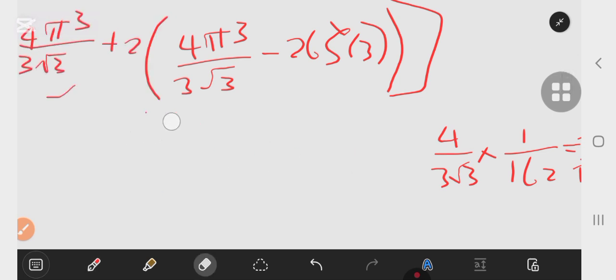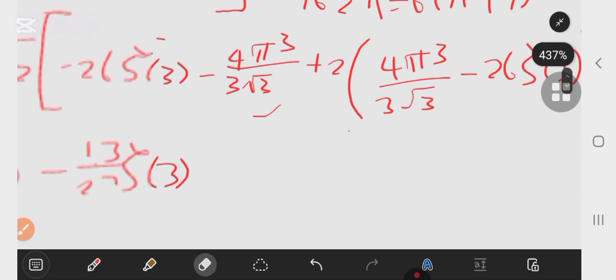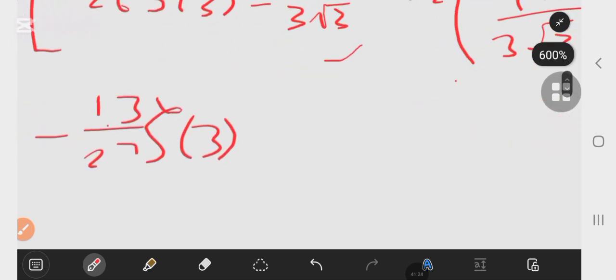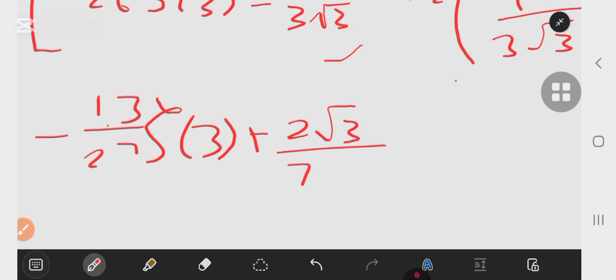So from here I'll have plus 2 root 3 all over 729 pi cubed.